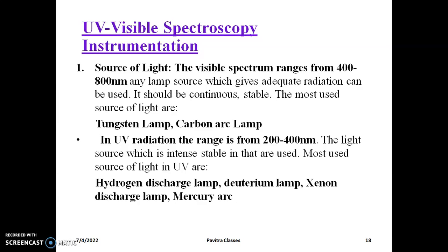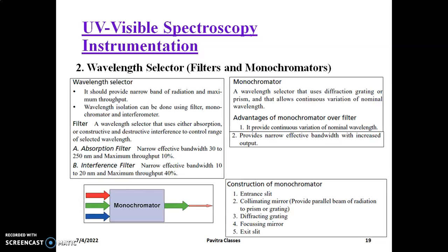The UV radiation ranges from 200 to 400 nanometers. Here, the majorly used are the hydrogen discharge lamp, deuterium lamp, xenon discharge lamp, and mercury arc lamp. Mostly deuterium lamps are used in the UV spectrophotometer.